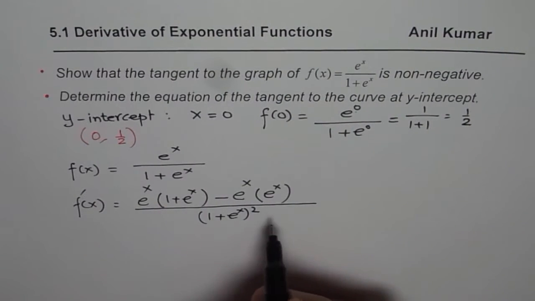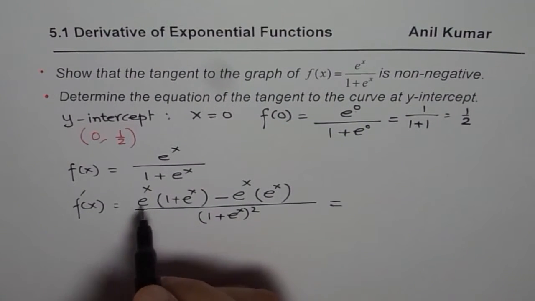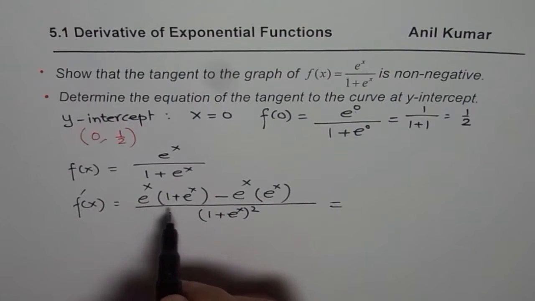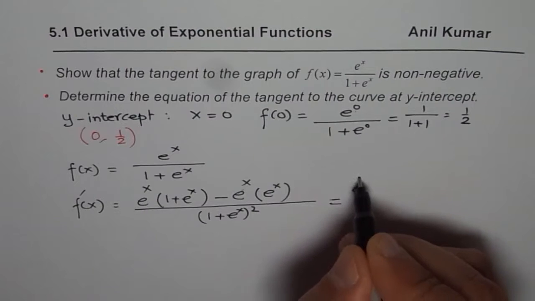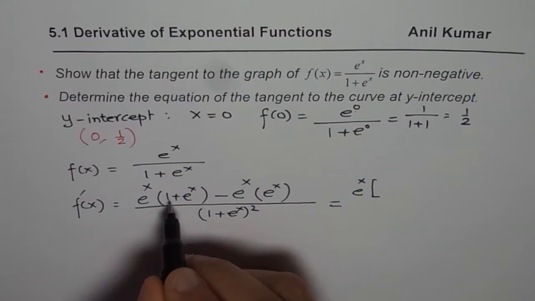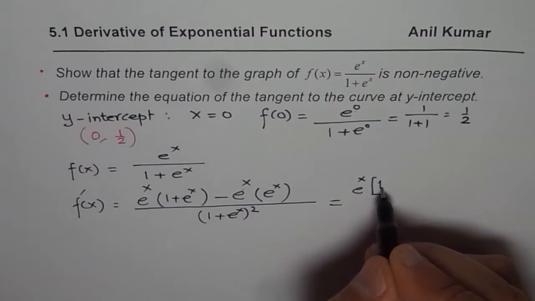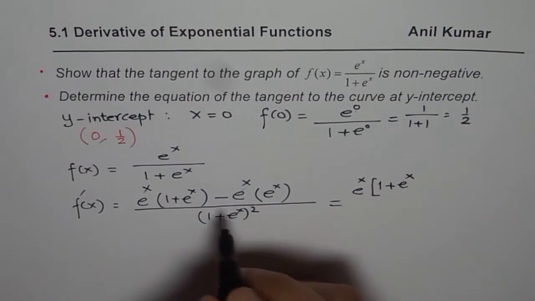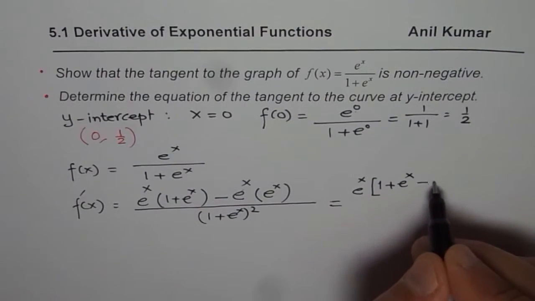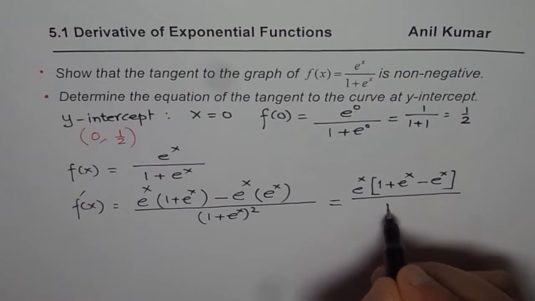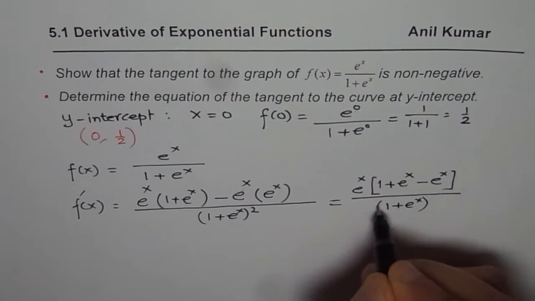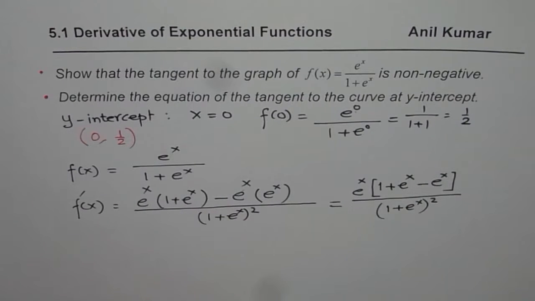Now this could be written as, we could write e to the power of x common. So what I get here is e to the power of x times 1 plus e to the power of x, and on this side we get minus e to the power of x, right? Divided by 1 plus e to the power of x whole squared, right?